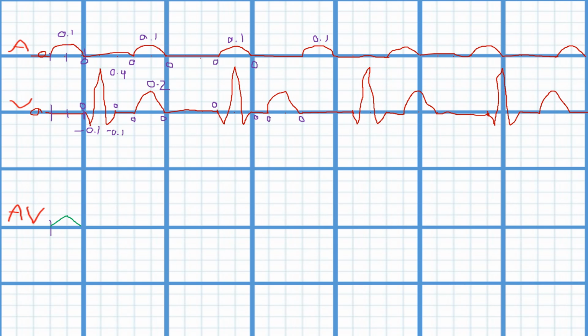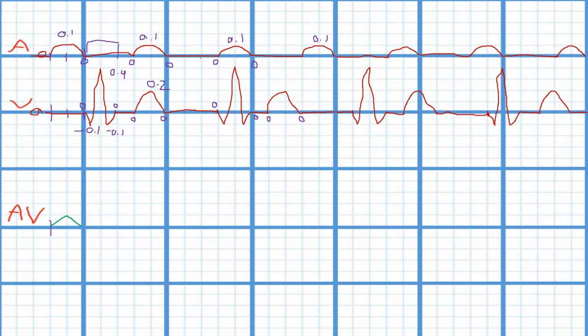If we go up here, we see our QRS, and right here, there's nothing going on with the atria. And so we're going to solely rely off of what we have going on with the ventricles. All right. And so, it's going to look something like this.